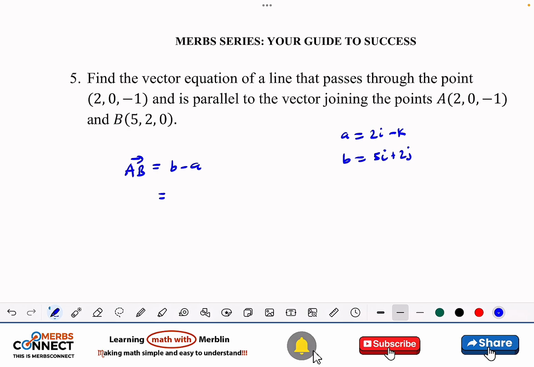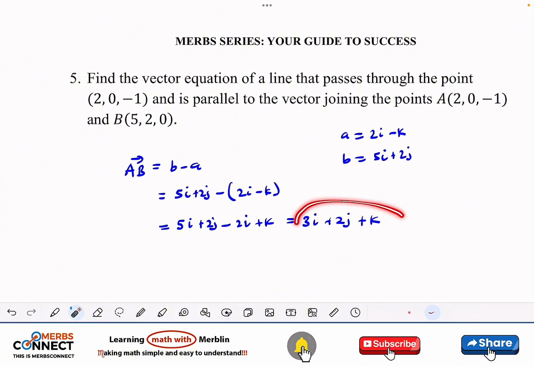So this is going to be 5i plus 2j minus 2i plus k, and this is going to give us 3i plus 2j plus k. So now we're able to find this.